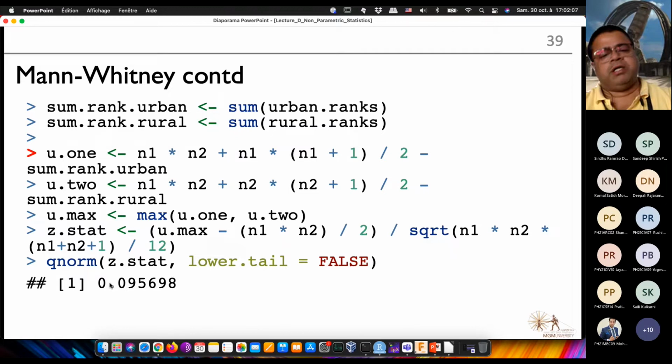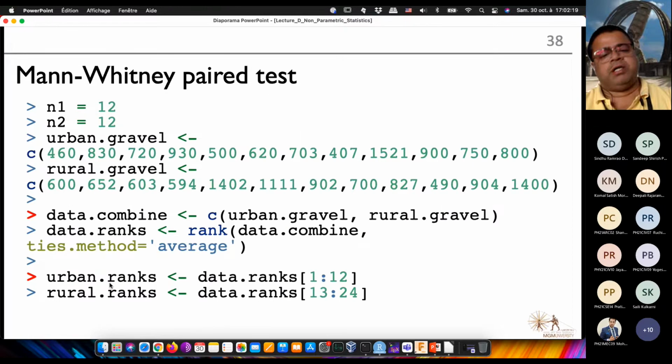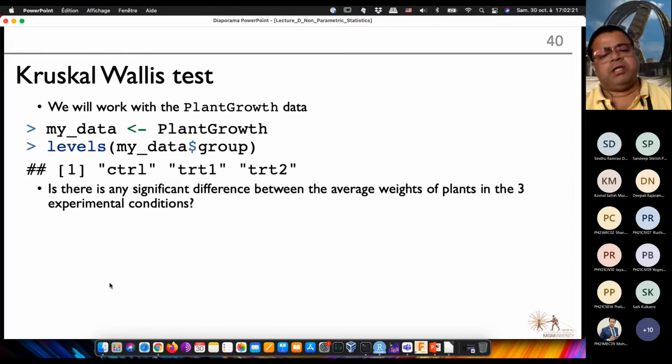That means ये 0.05 से ज्यादा है, which means urban gravel and rural gravel same होंगे. It just means that from here, what we have used is the Mann-Whitney paired test. Okay, and we also use the Kruskal-Wallis test, and we can use the Kruskal-Wallis test on the recent plant growth data. Remember the plant growth data?